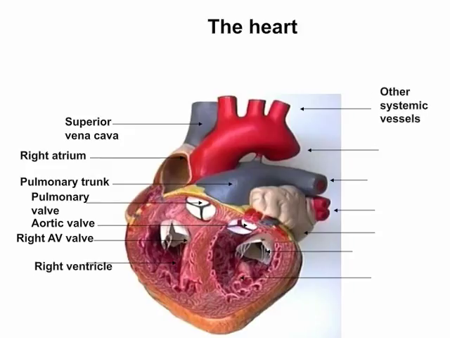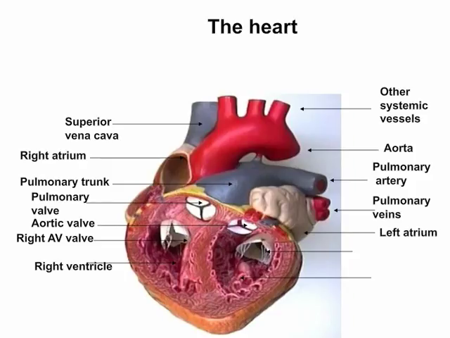Up in the far right-hand corner, you're going to see the other systemic vessels which come off of the aorta that are going to take oxygenated blood to the rest of the body. Then we see the aorta, and the pulmonary artery, which, as I had mentioned before, began as the pulmonary trunk, followed by the pulmonary veins, which will take the oxygenated blood back into the heart.